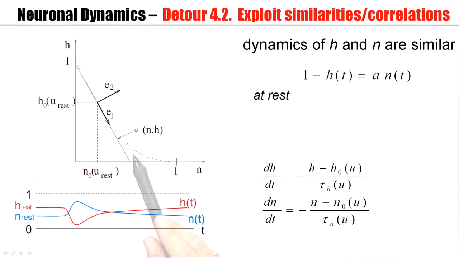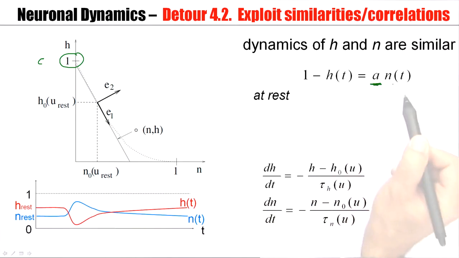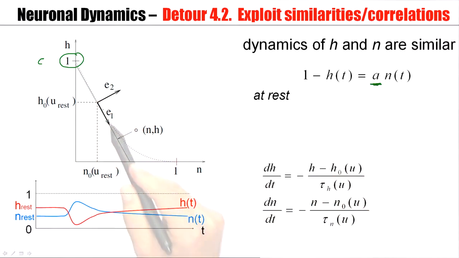In general, this point here does not need to be 1. It could be some arbitrary constant c. And the question is, how do we get this slope? Well, it comes out of this elongation of the data cloud. But for the case of simplicity, let's assume we put this here at 1.